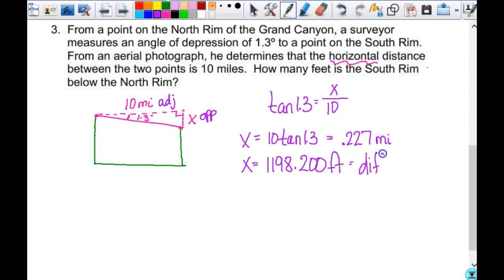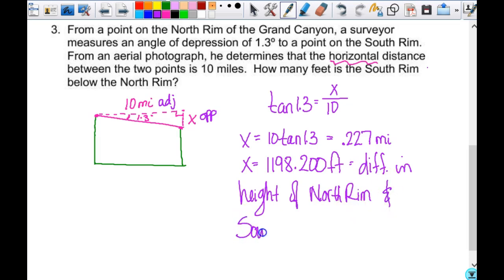We'll say difference in height of north rim and south rim. There's other ways you could word it, but I was trying to use as few words as possible. That'll work.